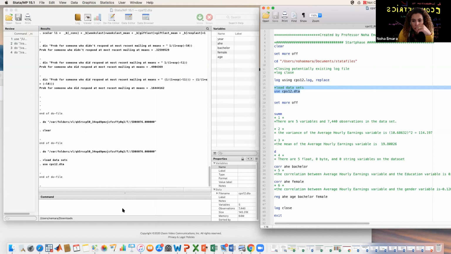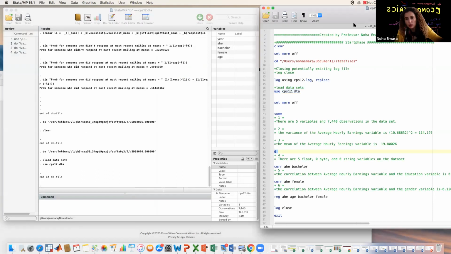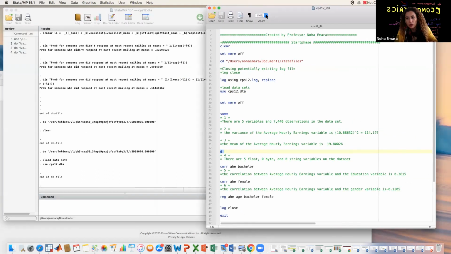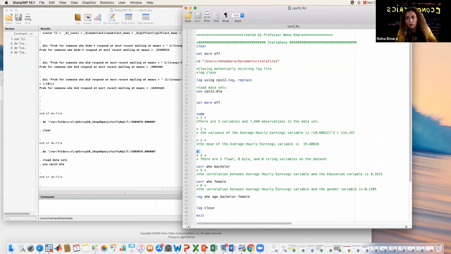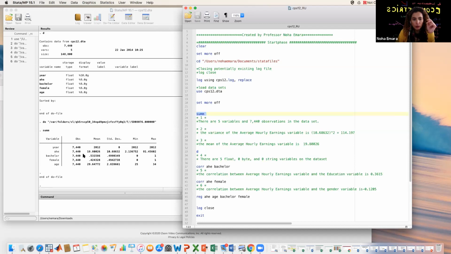And to remind you, let's describe it just to make sure that we are on the same page. So we have years, we have average hourly earnings, we have bachelor, we have a dummy variable female that takes 1 for female and 0 for male, and then we have the age. And let's summarize, just to remember.